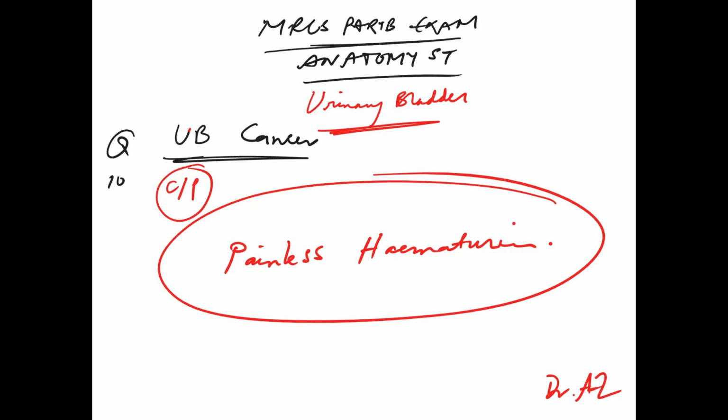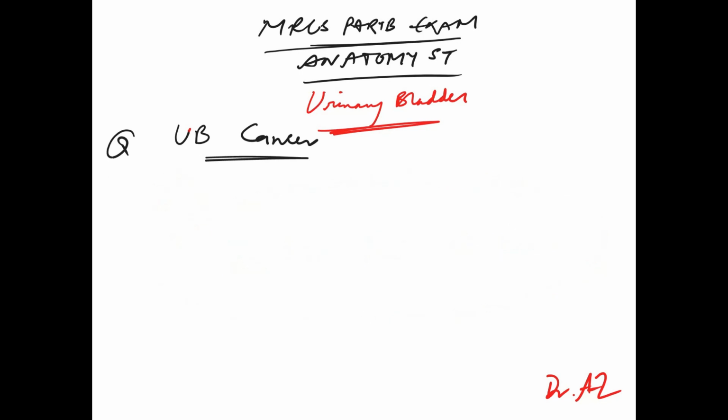Let us go to the last question in this station, question 11 I think, and it's about the risk factors. What are the risk factors related to urinary bladder cancer? The risk factors are 4 here that you want to mention.